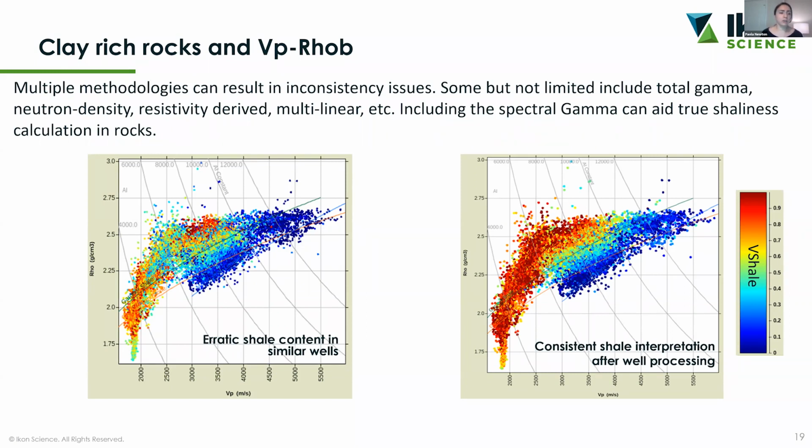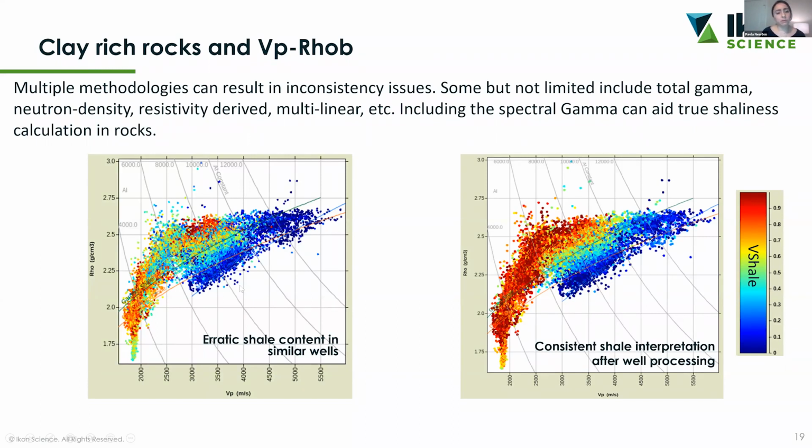For calculation, let's say neutron density, or resistivity, multilinear, or even multiple gamma. So what cutoffs were applied? So having a consistent approach will ensure, from a rock physics perspective, that we capture the correct trends.